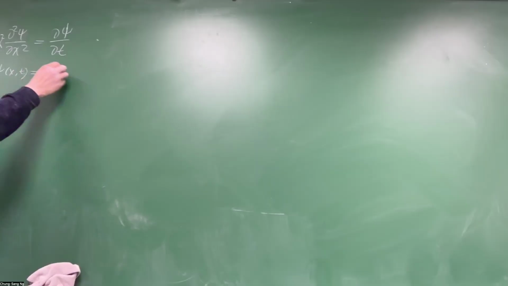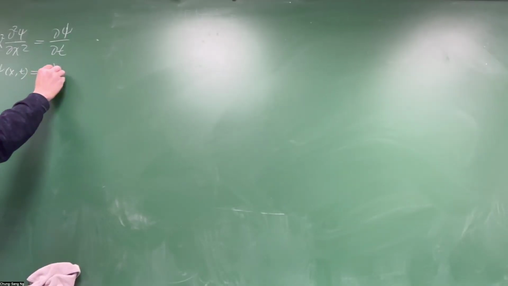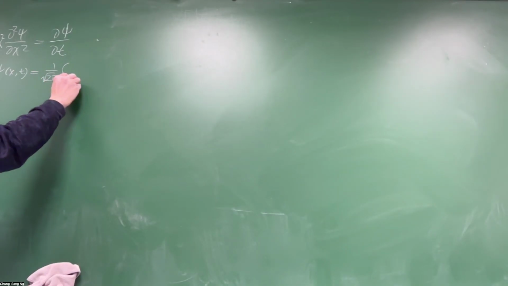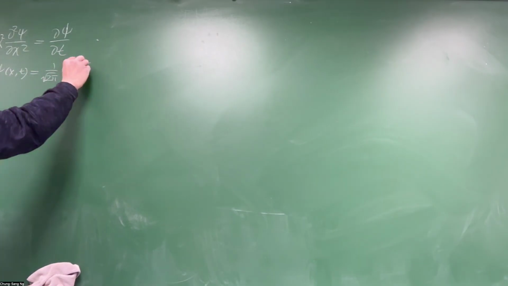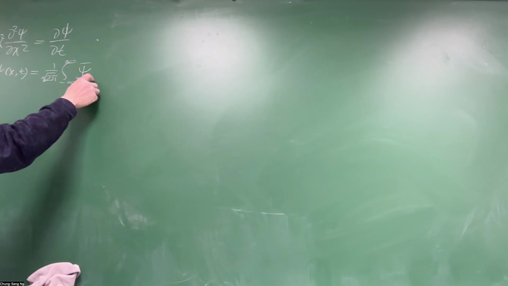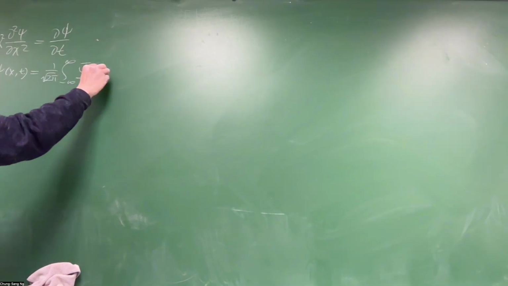So you can write down the inverse Fourier transform and the Fourier transform pair. It's just like what we did before, except that now the Fourier transform, let's call it capital psi, depends on the wave number k.